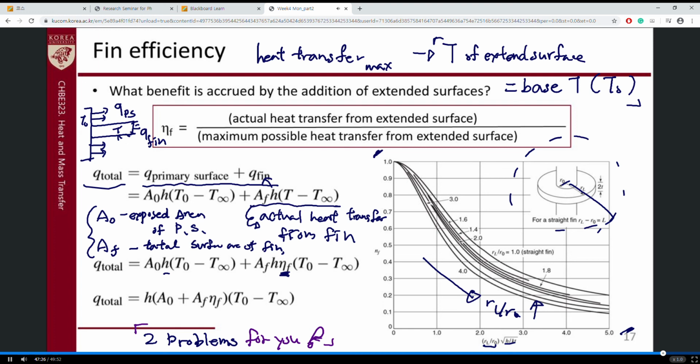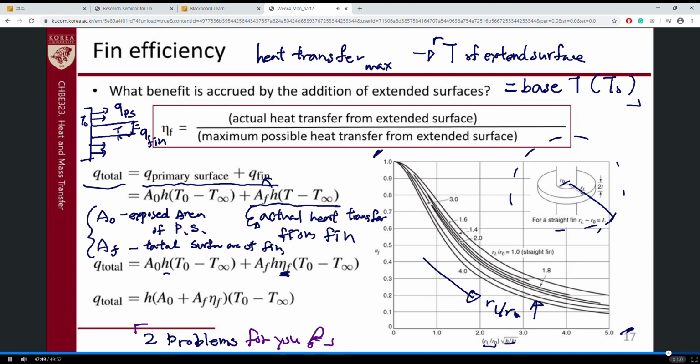Okay. Good. So let's recap. Today we learned steady state conduction at the extended surface, right? We derived the T distribution, and the heat flux Q as well.